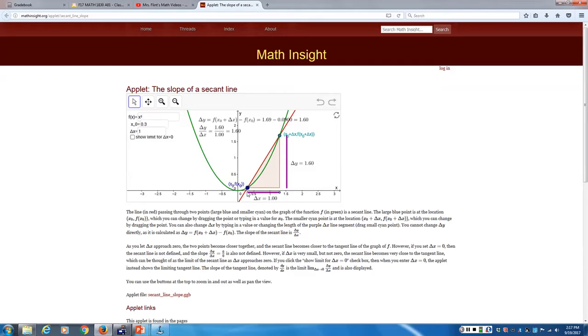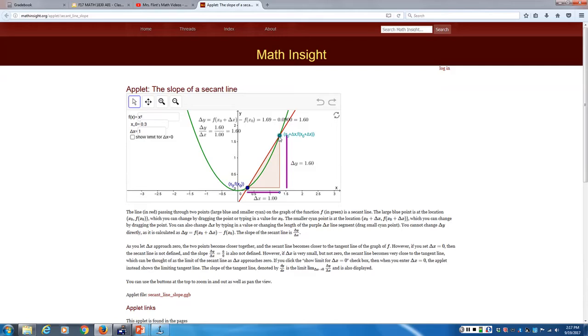We're starting out at the point x sub 0, which is the beginning, and its partner y value, and we're going from there up to x sub 0 plus a little bit. Now basically what we have happening on this first one is that the change in x is listed as 1, and the change in y is 1.60, so 1.60 over 1 is 1.60, and that's the slope of that secant line. But what happens, and this function actually has a name, this is f of x equals x squared.